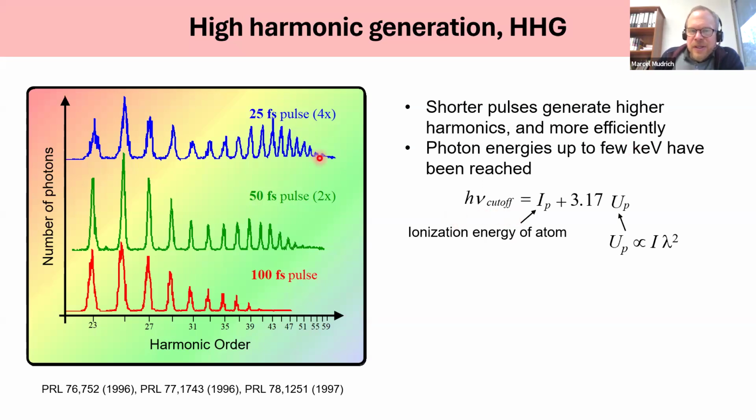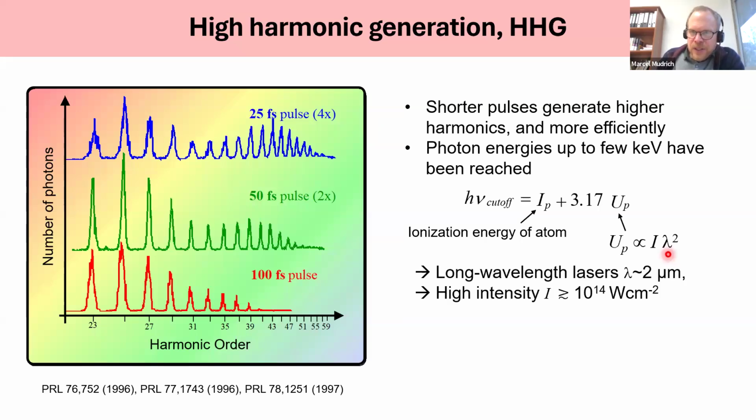There is an upper limit to the photon energy, h nu, which is given by the ionization energy, how much energy it costs to ionize the atom first to extract the electron and have it recollide, plus a second term with this famous factor 3.17 times UP, where UP is the so-called ponderomotive energy, which is proportional to the intensity and wavelength squared of the drive laser. So that is the knob that we can tweak to enhance the photon energy.